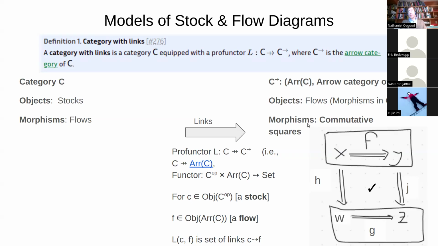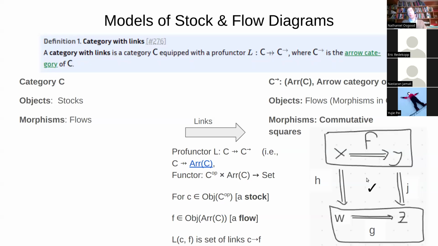And the morphisms in this arrow category are commutative squares of this form. I've sort of elaborated a diagram from Evan. So this is a commutative square joining one object to another.